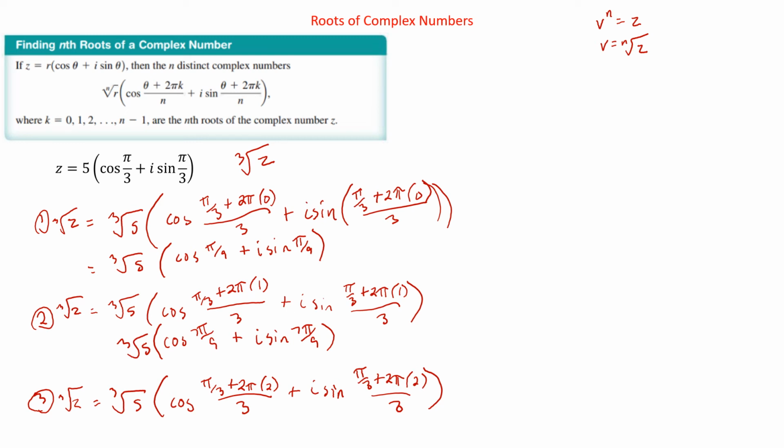And the last one, we have 2 pi times 2, so that's 4 pi, which is 12 pi over 3, plus the extra pi is 13 pi over 3, which will give us 13 pi over 9 for our new angle. So the only thing that's really changing here is the angle.